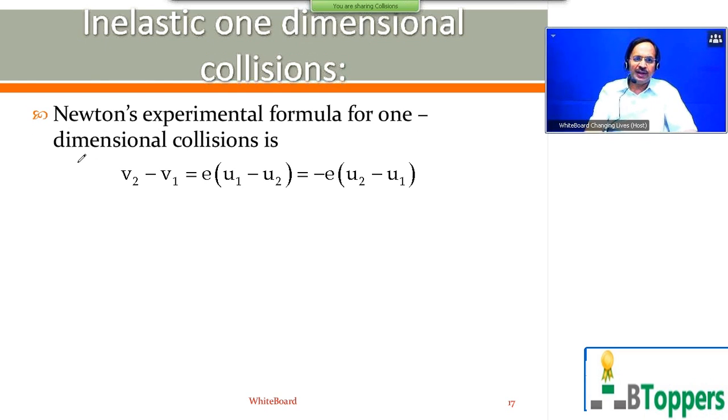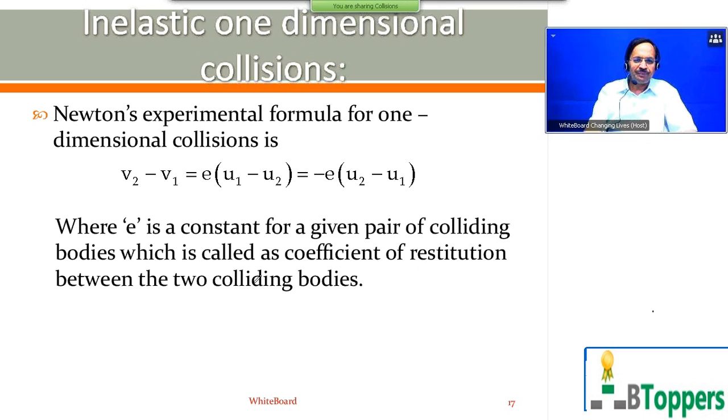Newton's experimental formula for one-dimensional collisions is V2 minus V1 equal to e times (U1 minus U2), or you can also write it as minus e into (U2 minus U1), where e is a constant for a given pair of colliding bodies, which is called the coefficient of restitution between the two colliding bodies.